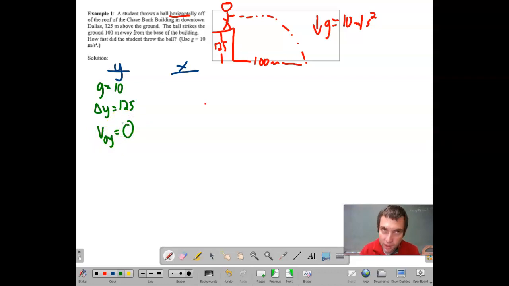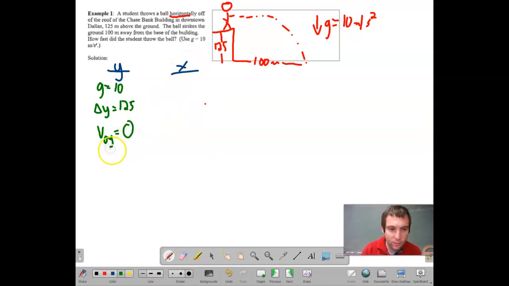Because when we break the initial velocity vector into its components, there is no y component. A horizontally launched object goes at angle 0, and when you multiply sine 0 to anything, you're going to get 0.